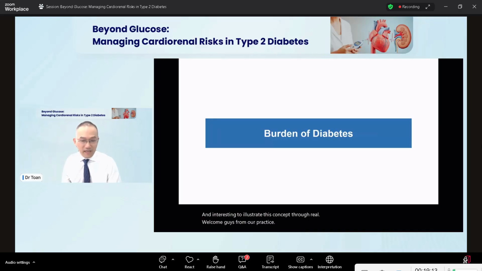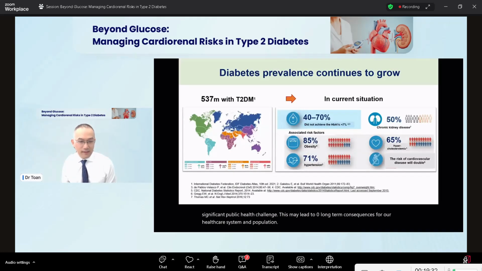The prevalence of diabetes in Vietnam is increasing rapidly. This growing trend presents a significant public health challenge. It may lead to serious long-term consequences for our healthcare system and population. On the screen, you see the number of people with diabetes.